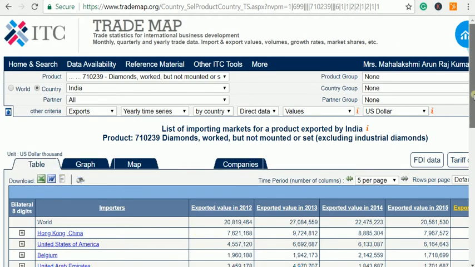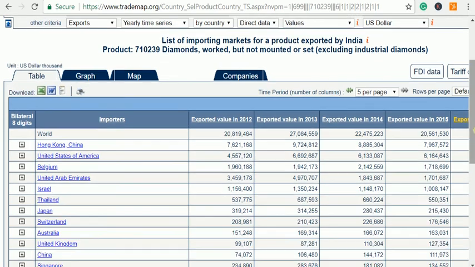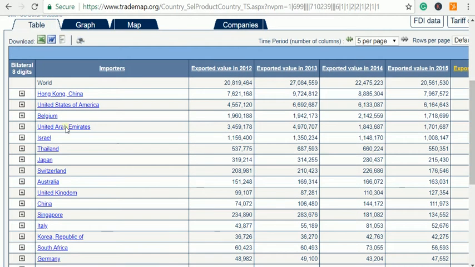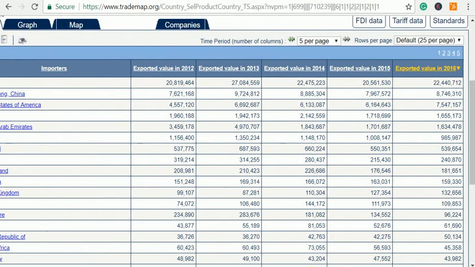In this, you can see that a tabular column comes up. Here you can see the list of importers from India and the export value for the past 5 years, from 2012 till 2016.